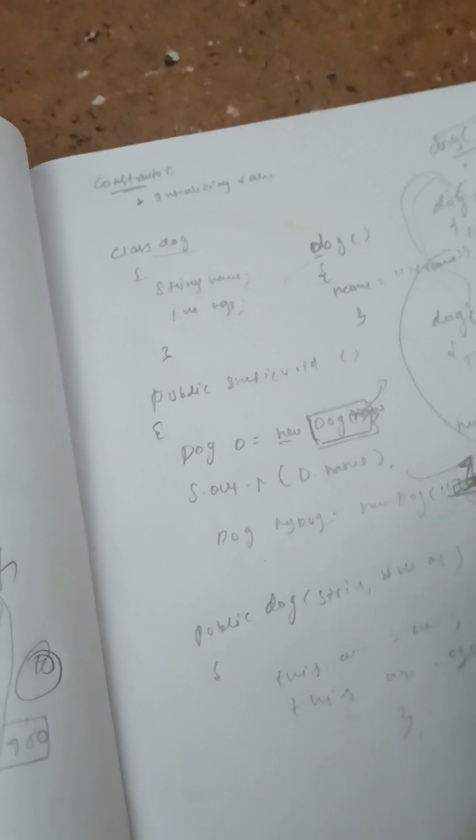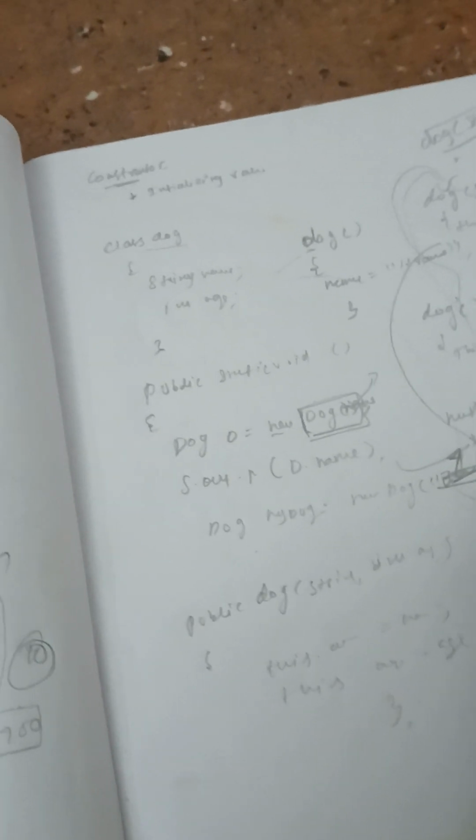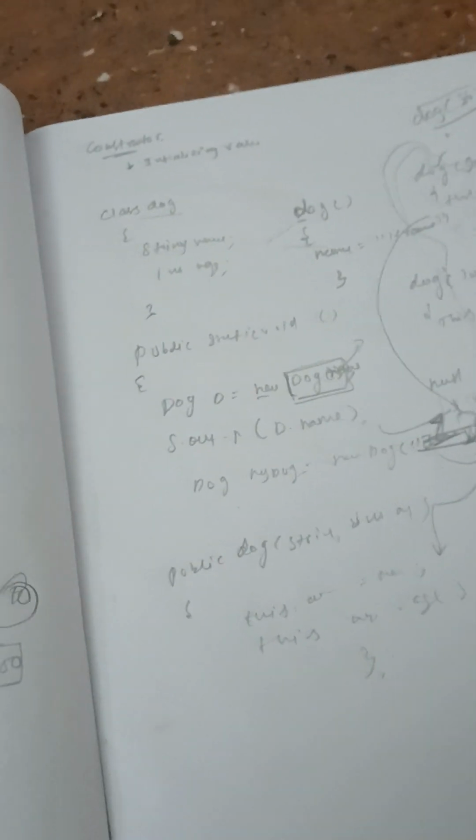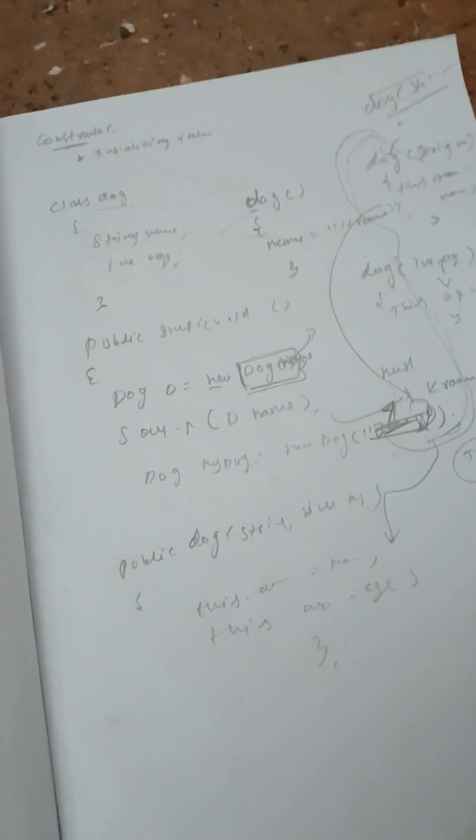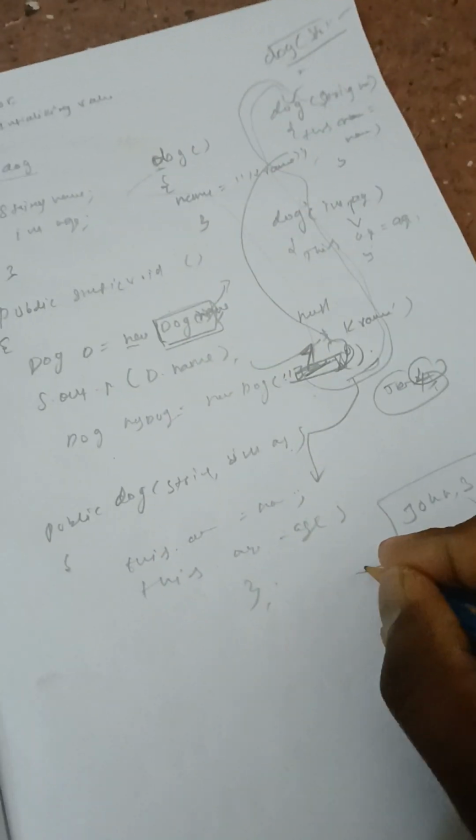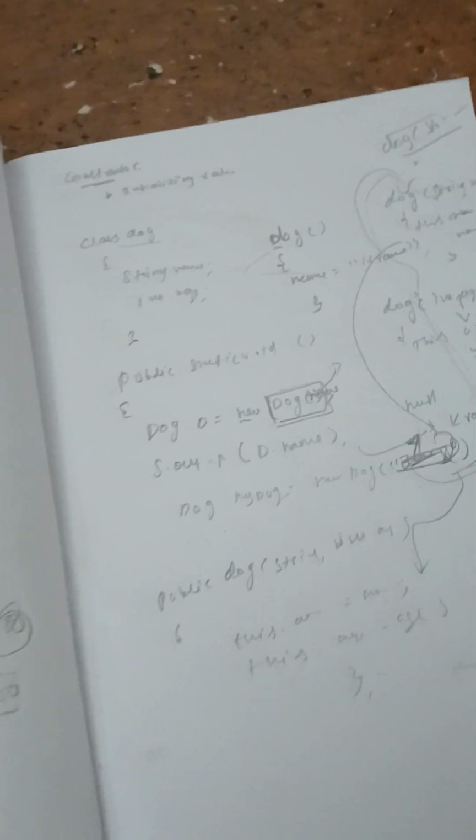Whenever you create an object and pass two arguments, it matches the two-argument constructor, which will be called. Let's say John, 2033. This will be printed in the output.